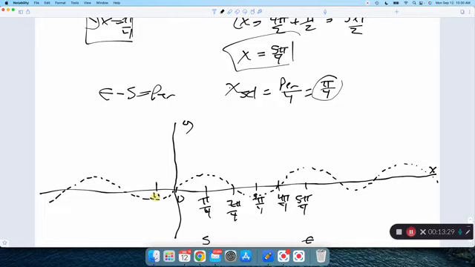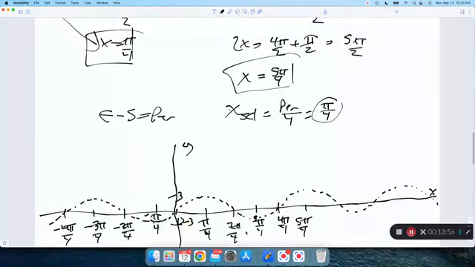Let's do a few more. There's -1, -2, -3, and -4. Okay, that's cosine. Oh, let's put on our amplitude. I think that was 3. So this down here will be -3. Okay, that's cosine. That's our auxiliary graph.